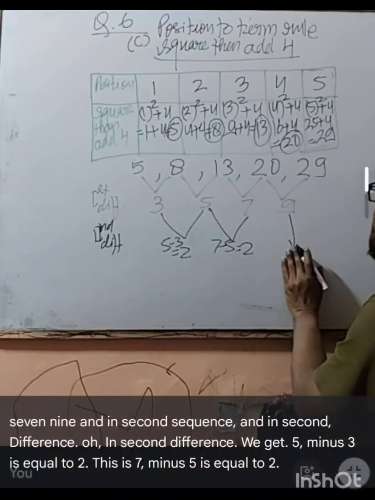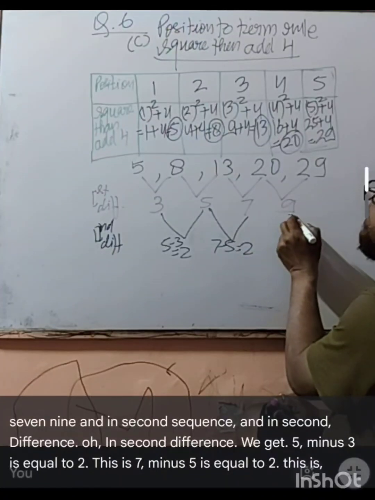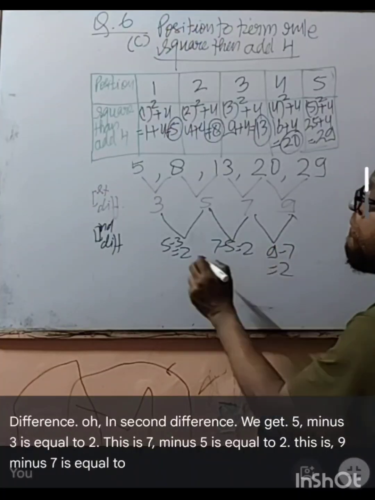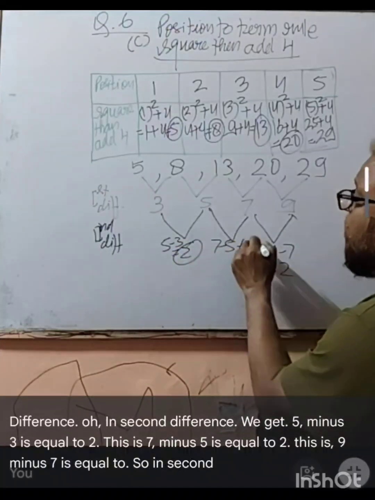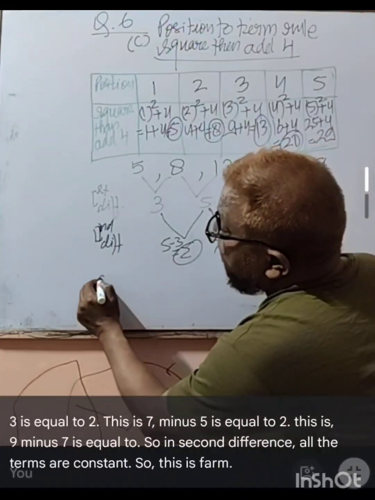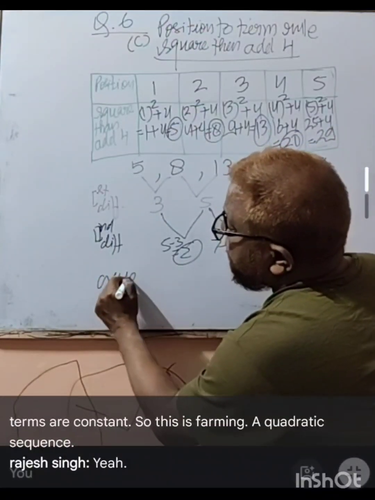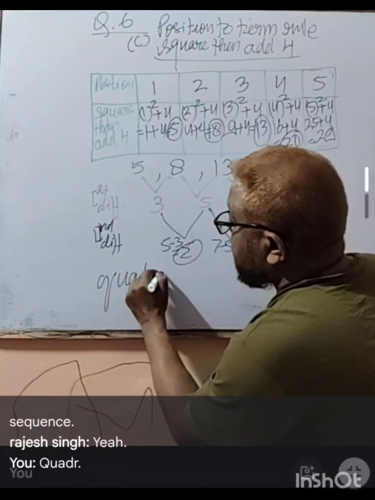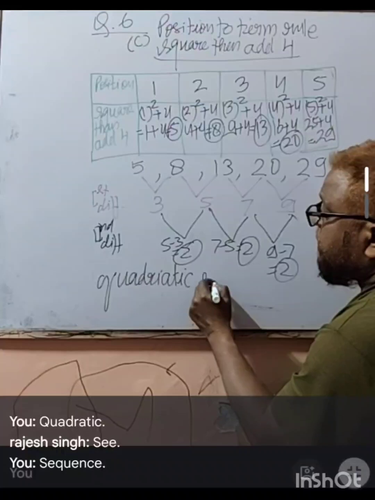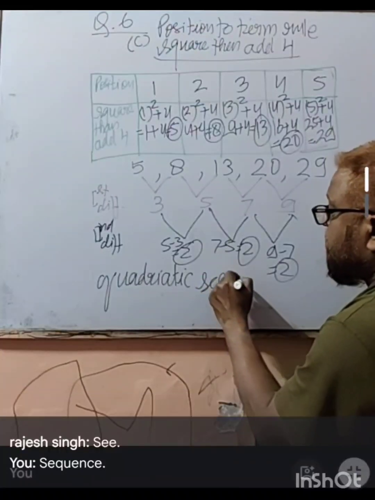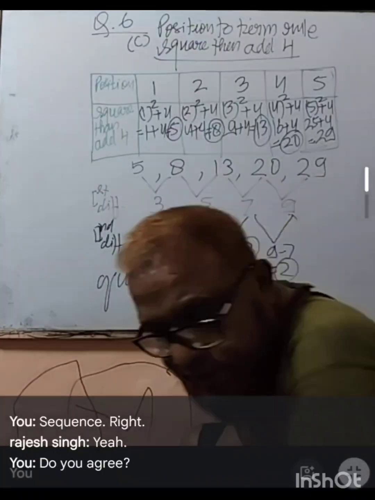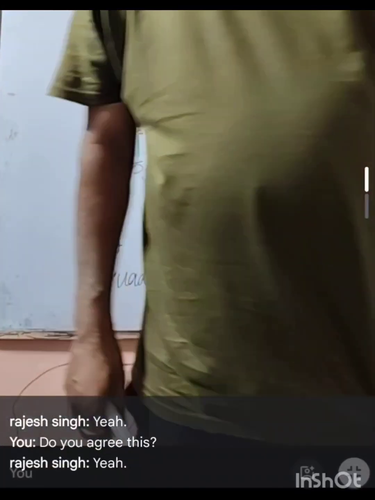And this is 9 minus 7 is equal to 2. So in the second difference, all the terms are constant. So this is forming a quadratic sequence. Do you agree with this? Yeah. Okay.